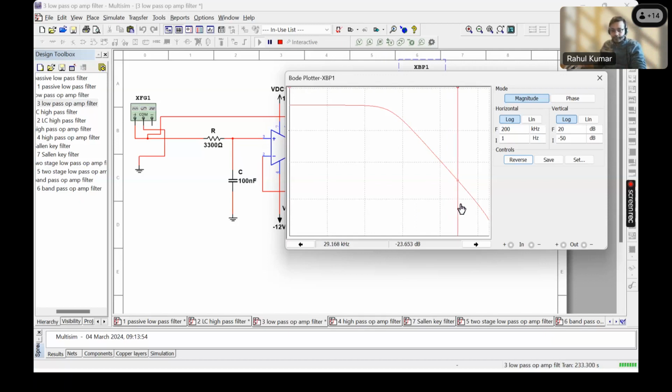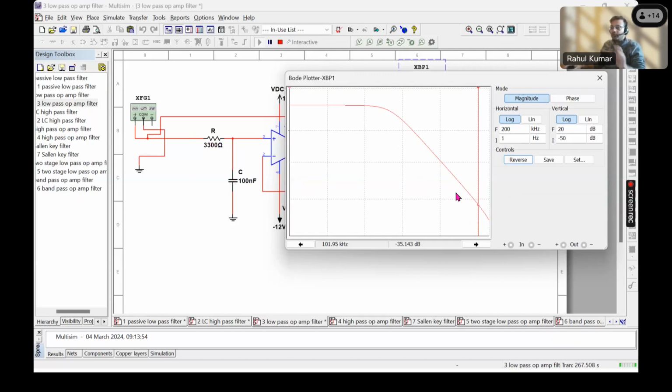And if we go down to maybe 100 kilohertz, it's around minus 34, 35. So from minus 14 to minus 34, that's about a 20 dB per decade slope. So for a single pole, or a single RC, we are getting minus 20 dB per decade, or minus 6 dB per octave.